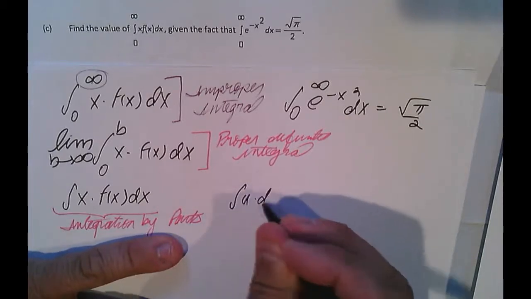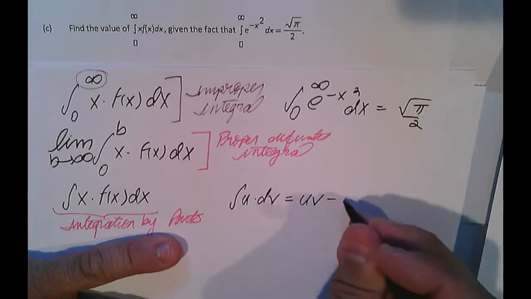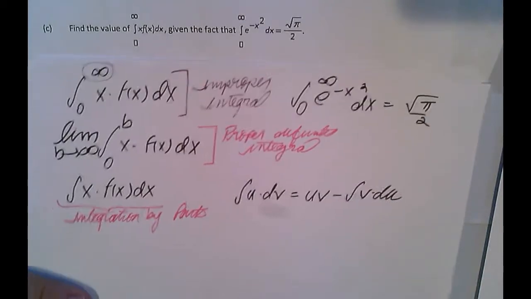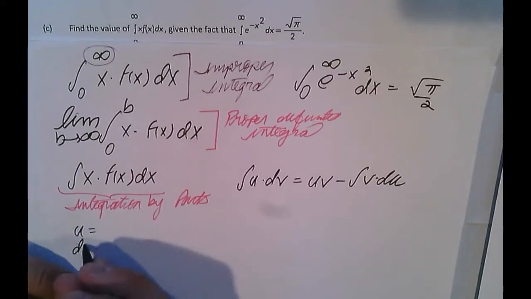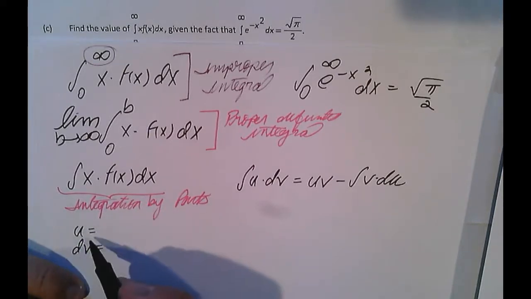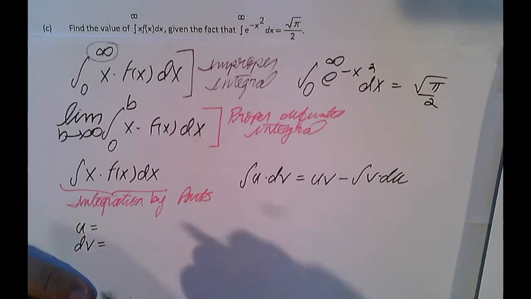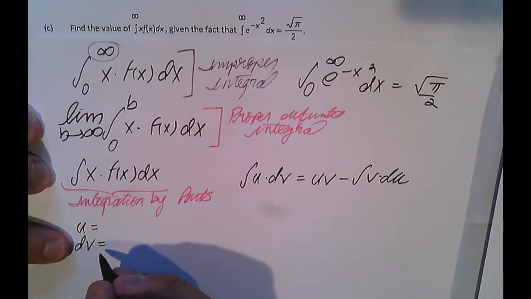If you need a little hint, the formula is the integral of u dv equals uv minus the integral of v du. When you're working with integration by parts, you select part of your integrand to be the u, part of the integrand to be the dv. Generally speaking, you want the u to be the part that will become simpler when you take derivatives, but the dv has to be something that you know how to integrate.